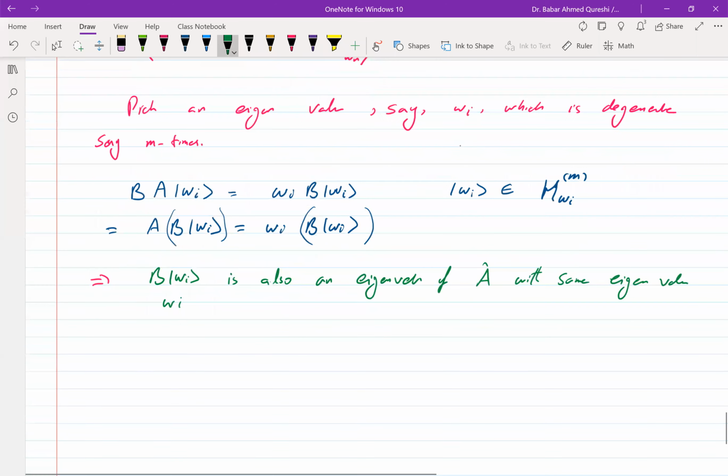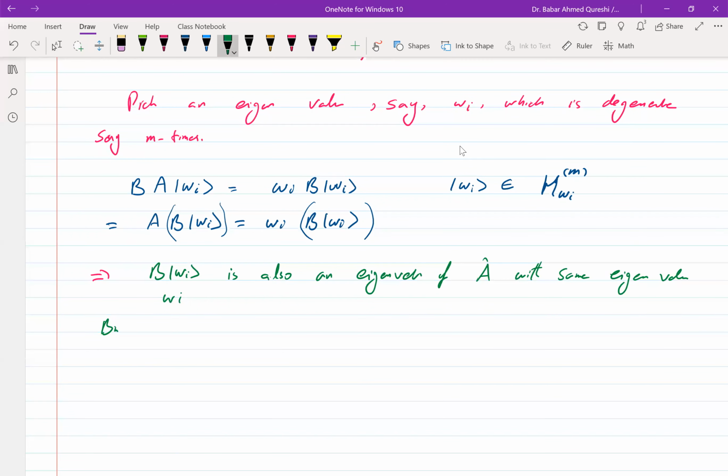But I cannot say it is a multiple of the original starting vector.